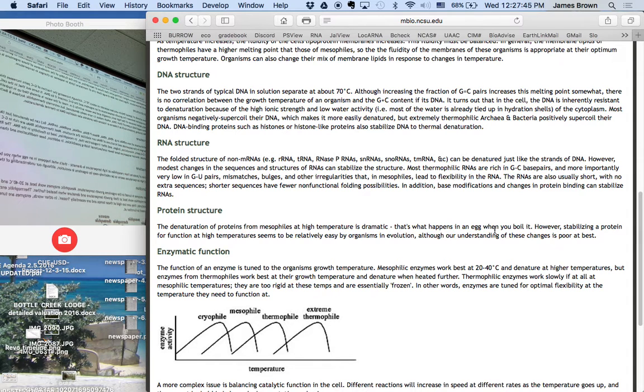Some of that is taken care of by changing the sequence and structure of the RNA. And so if you take, for example, a ribosomal RNA from a thermophile and a mesophile, you find out that the thermophilic ribosomal RNA has a higher melting point than the mesophilic one. And so that's an inherent property of the sequence and structure of that thermophilic RNA. But these things all bind proteins. They're crowded together. There are lots and lots of things that the organism can do to make them resistant to denaturation.